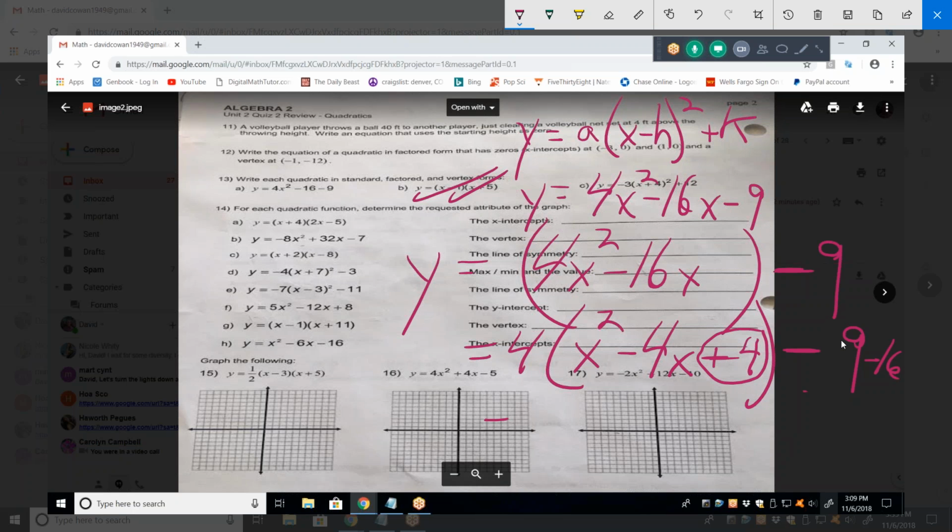Okay. Now, that 4 that I factored out is still that, but everything that's inside the parentheses, I'm going to be able to write as a binomial linear term squared. What is it? It's going to be x what? X minus 2 squared.